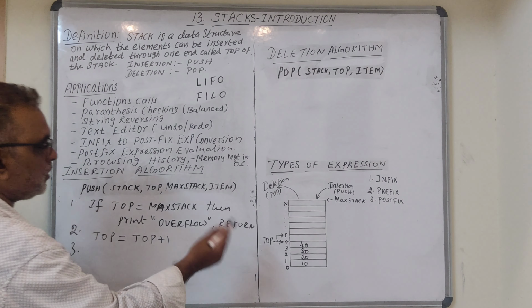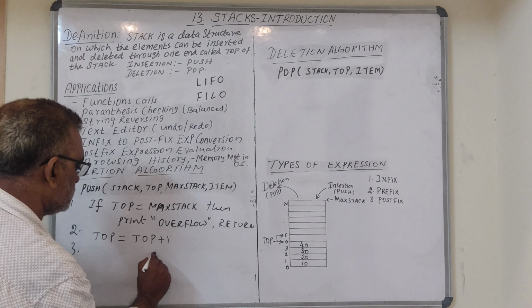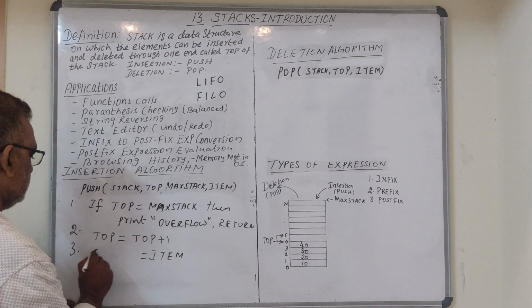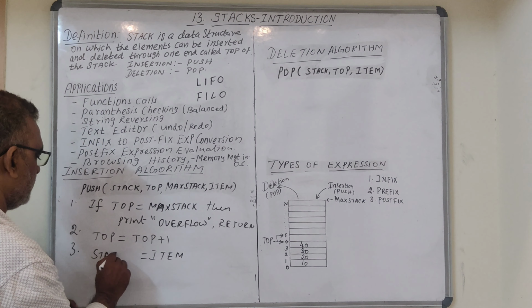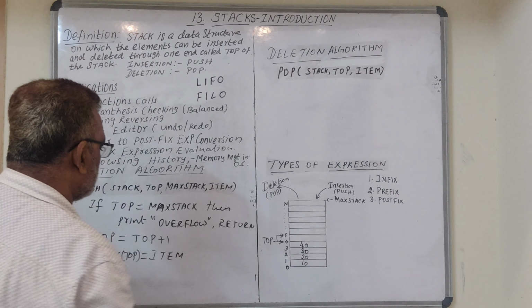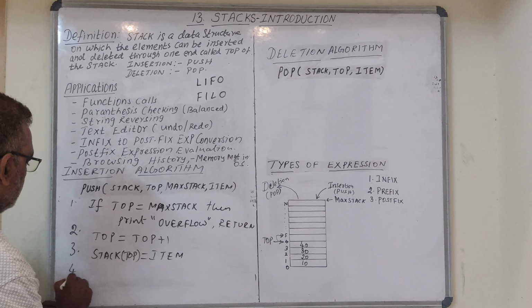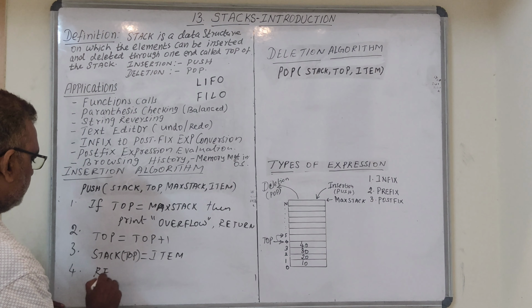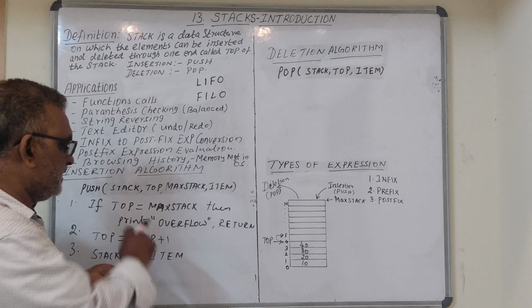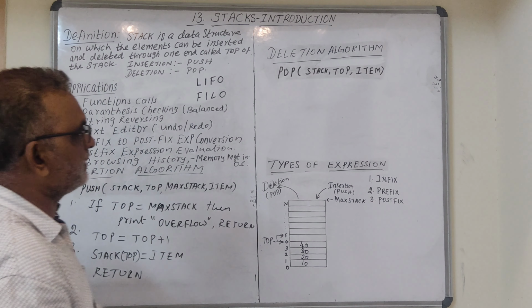After that, store the item, the value which we want to store, at the top of the stack. Now we have stored it, so finally just return. So this is the algorithm for inserting an element into the stack.